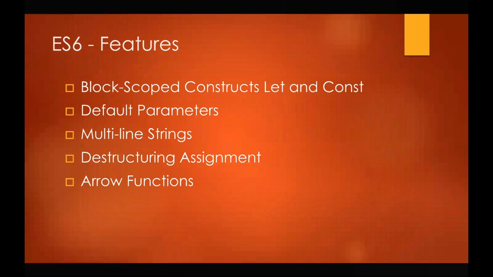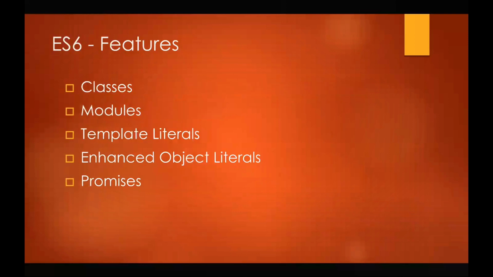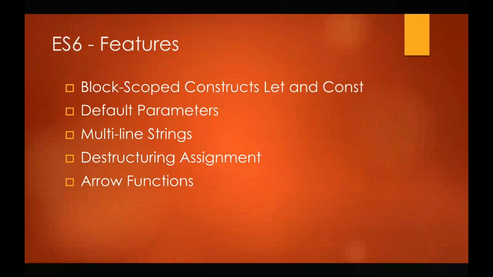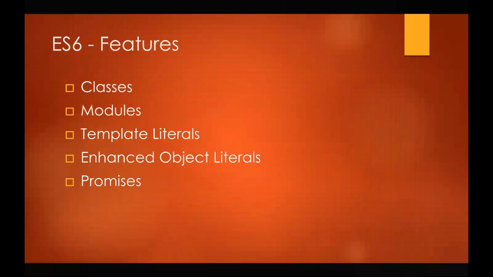ES6 features: block scope constructs, let and const, default parameters, multi-line strings or template literals, destructuring assignment, arrow functions, classes, modules, template literals, enhanced object literals, promises. There are many ES6 features, but we will focus on these 10 features basically. These are the features which we will use everywhere. Now proceeding.